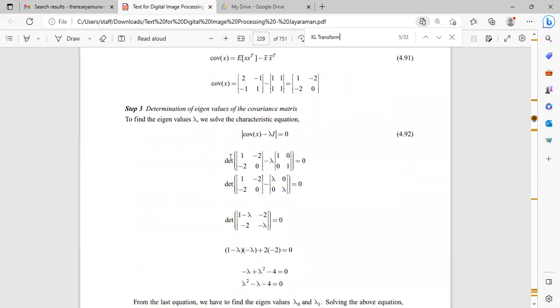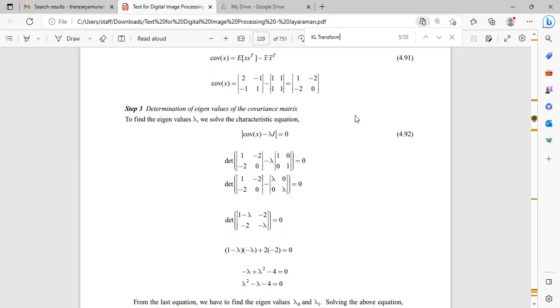Then determination of eigenvalues of the covariance matrix. So I hope you know what an eigenvalue is. Covariance of X will be equal to lambda into I, where lambda is the eigenvalue, I is the identity matrix.